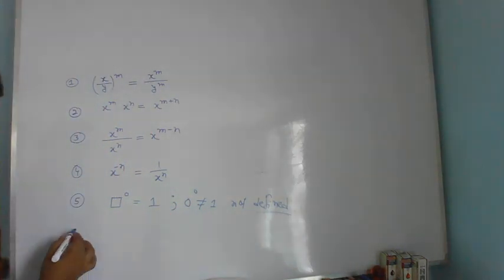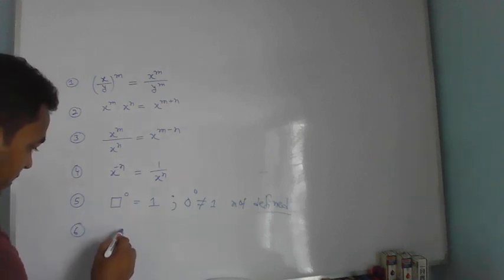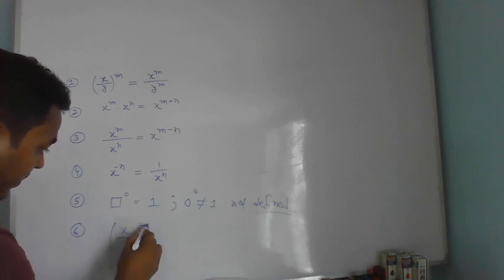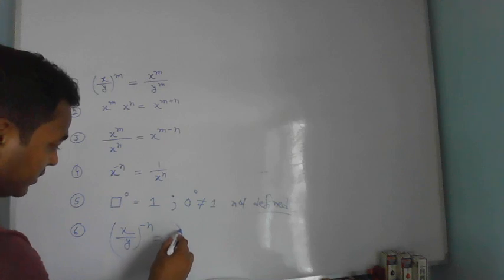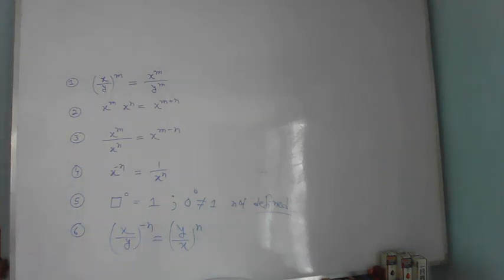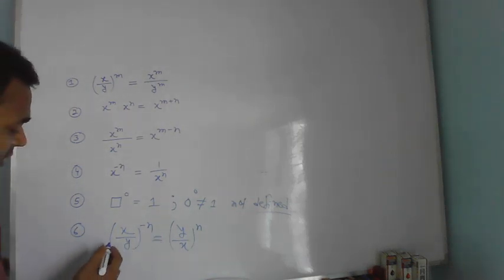Then number 6, we already discussed: x by y to the power minus n would be written as y by x whole to the power n.